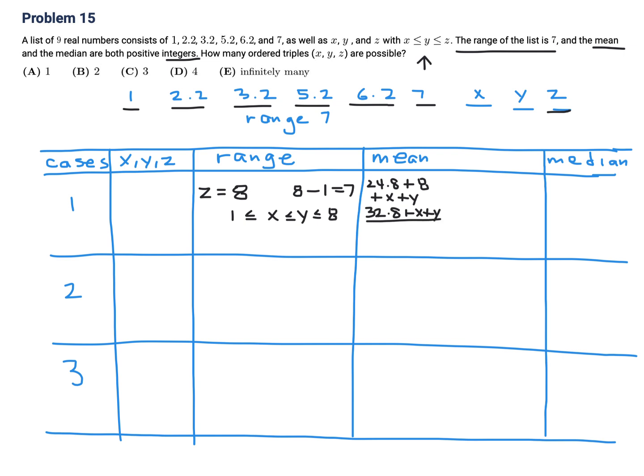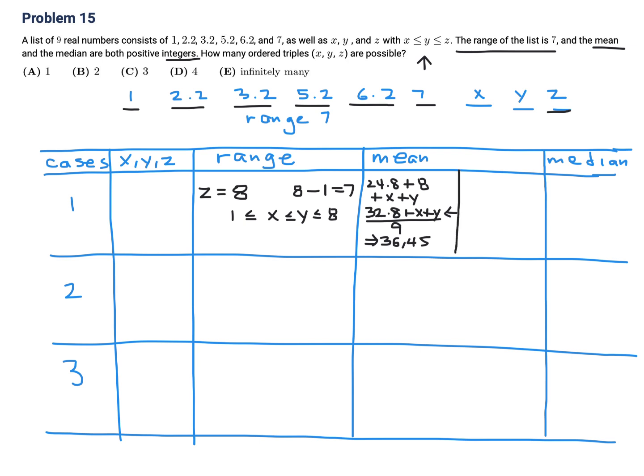That divided by the total number is 9. There's 9 of them. That has to be an integer. Okay, the only way that's an integer is if this numerator is either a 36 or a 45. That means 36 or 45 for this numerator, because if it's 36 or 45, it will be divisible by 9.